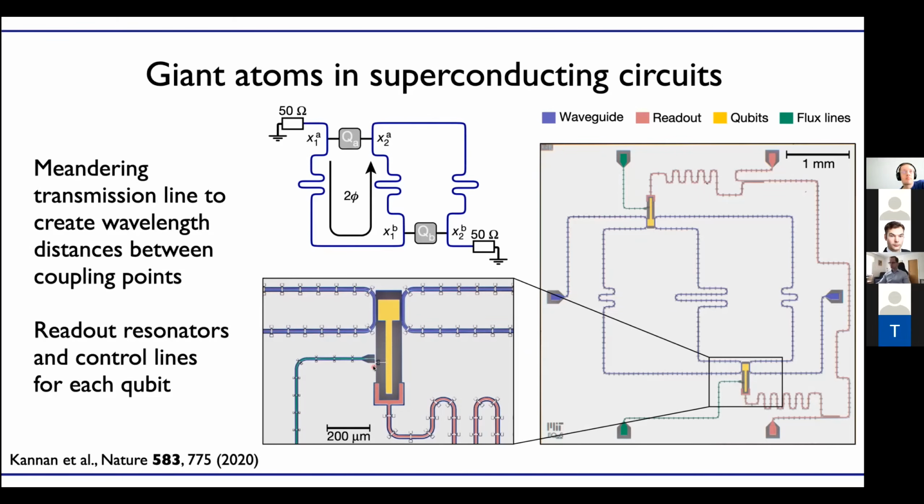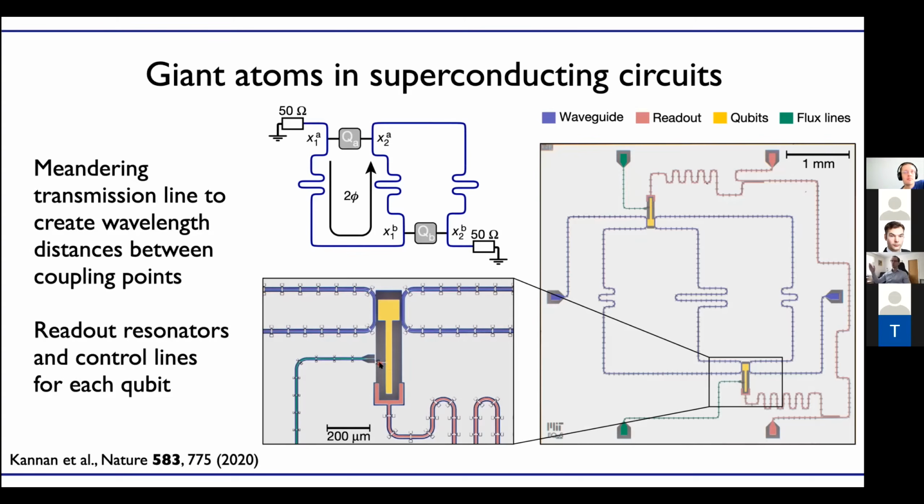And in this small part, there is this nonlinear inductance, this Josephson junction, or actually two Josephson junctions in a so-called SQUID array. By changing the magnetic flux through this loop formed by the two Josephson junctions, you can change the effective inductance, and thus you change the resonance frequency of the qubit.